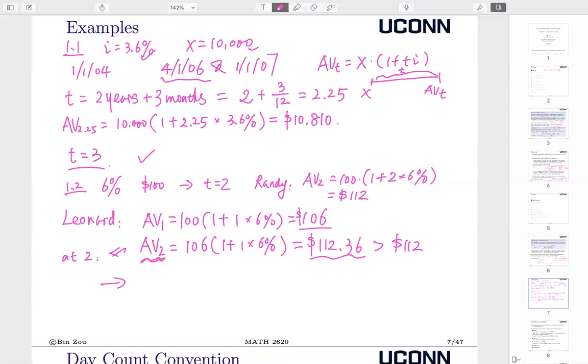It's somehow a paradox, which we will talk about in future slides. Just keep in mind that how one invests is important, in particular if the interest is simple interest. Here Leonard is the smarter one of the two. He knows more financial mathematics, so he takes advantage of withdrawing and depositing again.